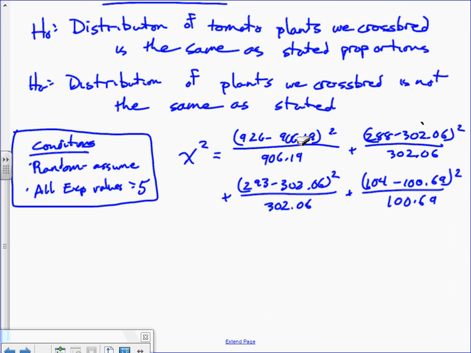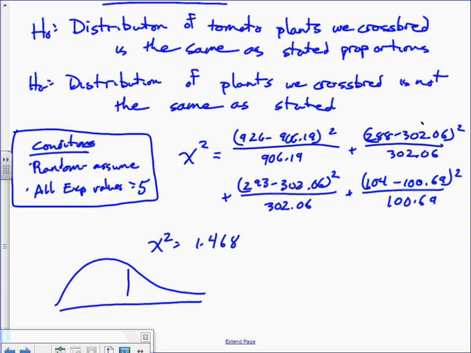If we were to run a goodness of fit test, we get a chi-squared value of 1.468. So what that looks like, if we're on that distribution, somewhere along the way, here's 1.468, and it would be shading up.